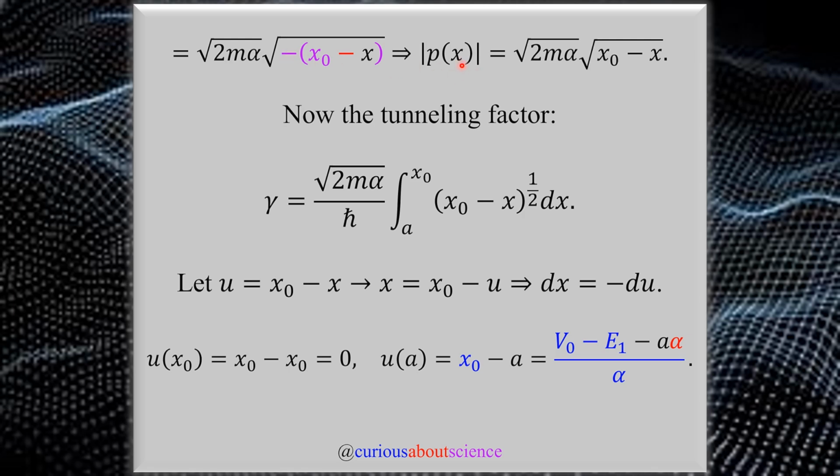And that i turns into a 1, because the magnitude of i is just a distance of 1. So we're fine. And then we have 2m alpha and then x0 minus x. Noticing that the x0 was some further point right than where x is going to be in our jurisdiction, so we want to have that negative sign there so we're not having any sign problems later.